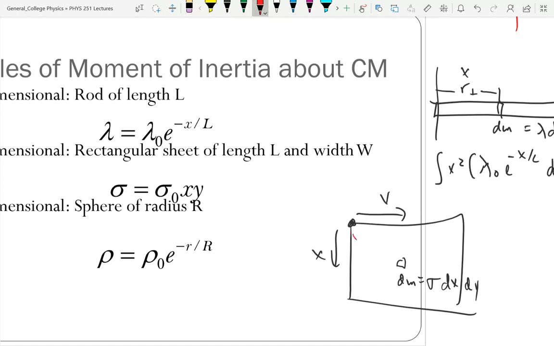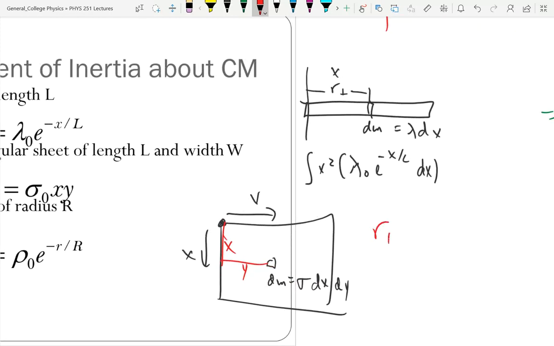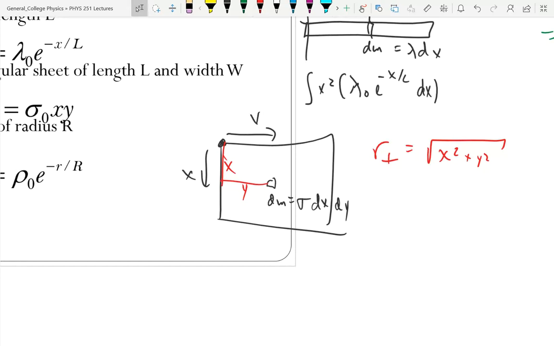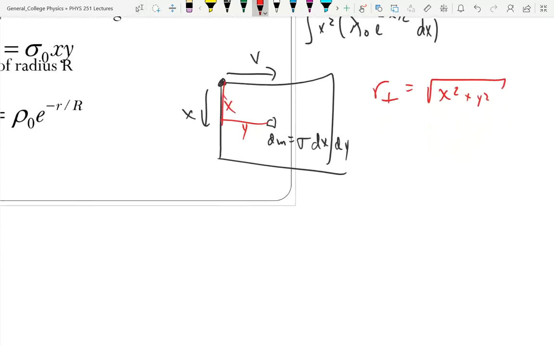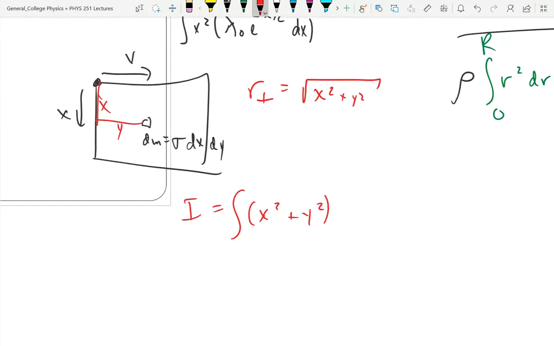And the r perpendicular is the square root of x squared plus y squared. And so I would have I is equal to the integral of r perpendicular squared, so that's going to be x squared plus y squared, times my sigma 0 xy dx dy.